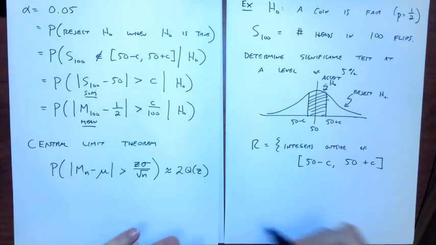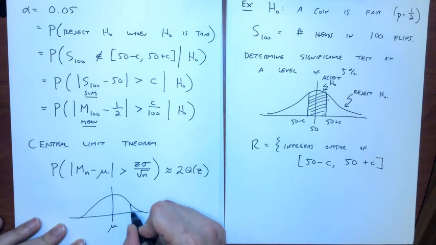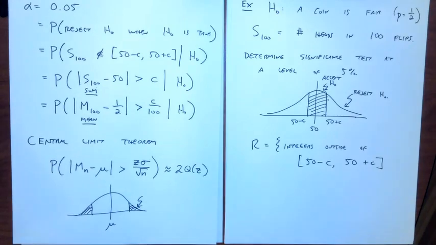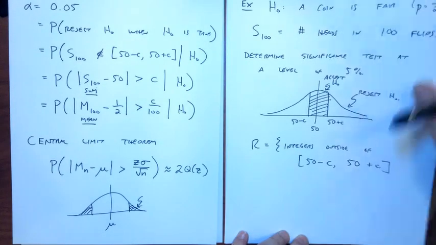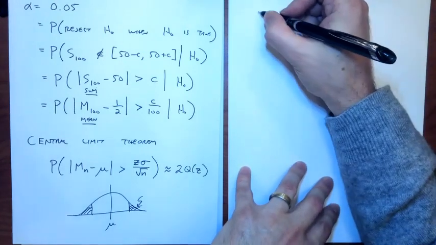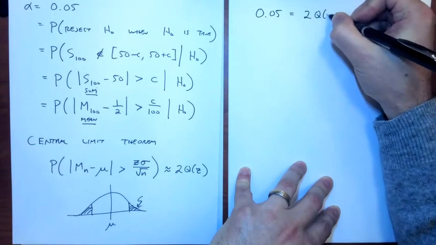That's like saying, what's the probability that if this is my mean and this is outside of the mean, it's 2 times this tail, which is the Q function. So now I make these equal to each other. This is like saying, okay, my alpha has to be equal to 2Q of z.